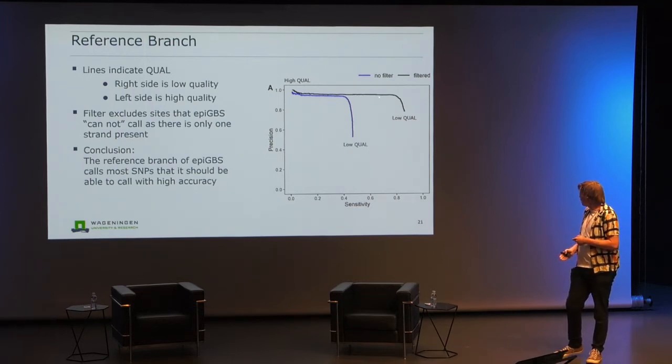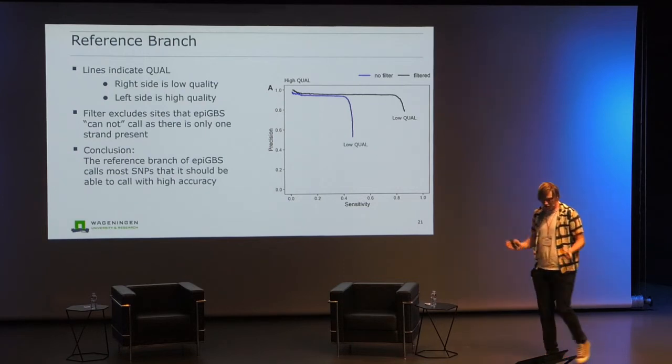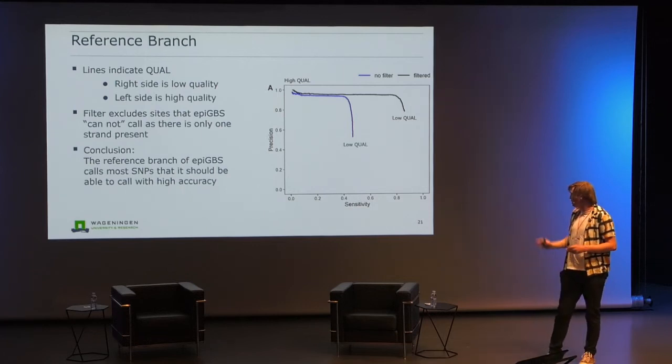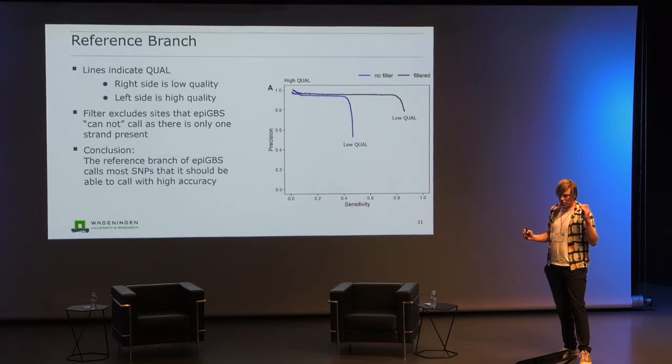Then we have the blue line and the black line, which is a sort of filter to exclude sites that EpiGBS cannot really call due to the RRBS nature of it. So these tools were developed for whole genome sequencing, but with reduced representation and the combination of bisulfite, there are some sites that it cannot really call.